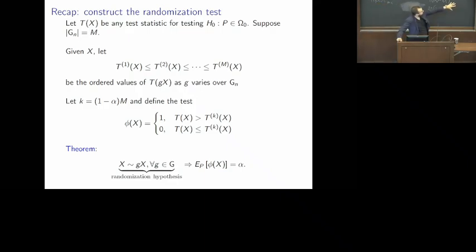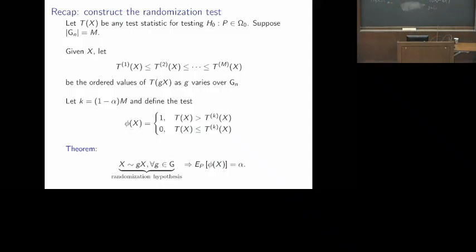And that's enough for the natural construction of a test: look at this set of identically distributed test statistics evaluated at all permutations, pick the 1 minus alpha quantile, and accept or reject depending on whether you're above or below the 1 minus alpha quantile.